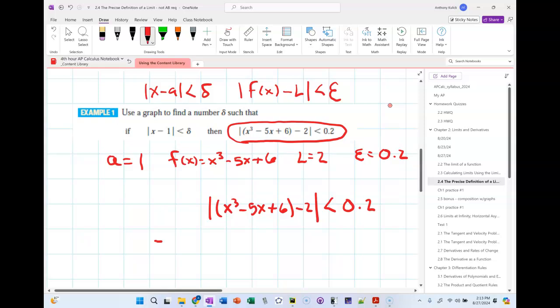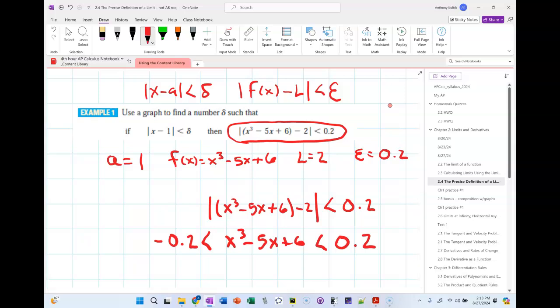Well, I need to have two ends of it, right? I think that's what you're saying, Paulo, when you said change the sign. So I know that the absolute value of something has to be less than 0.2. Well, it could be between negative 0.2 and positive 0.2. Oops, forgot the minus 2 here. That was important.